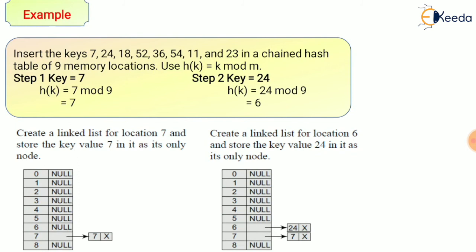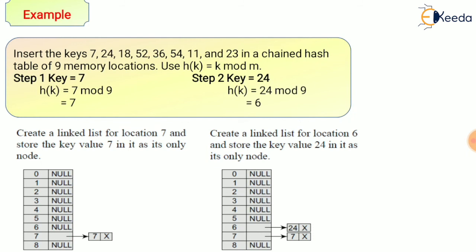For the chaining method, we take one example, and with the help of this example we directly understand how we are using this chaining method successfully to avoid the collision in the hash table.